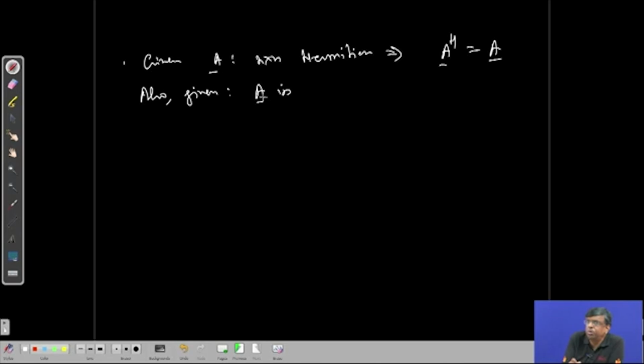See, all matrices may not be invertible, but in this example, suppose A is given to be invertible. That is, its determinant is non-zero. You can find its inverse. That is, A inverse exists.